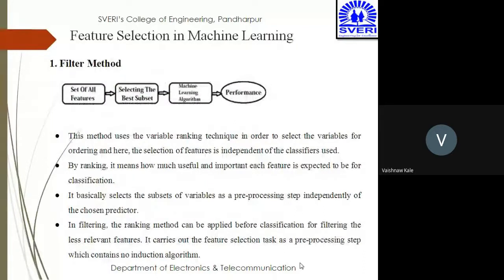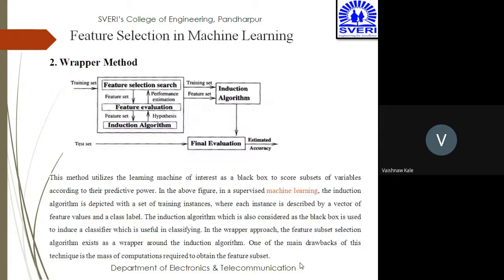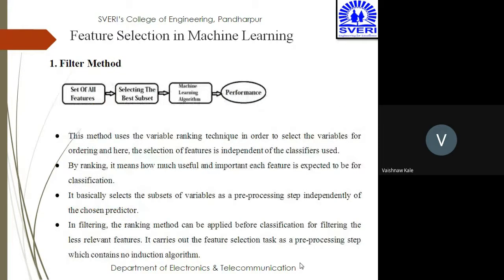There are 3 methods which we have seen for feature selection. One is the filter method, the second one is the wrapper method, and the third one is the embedded method.